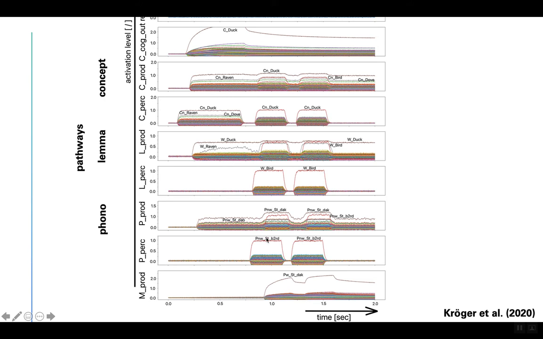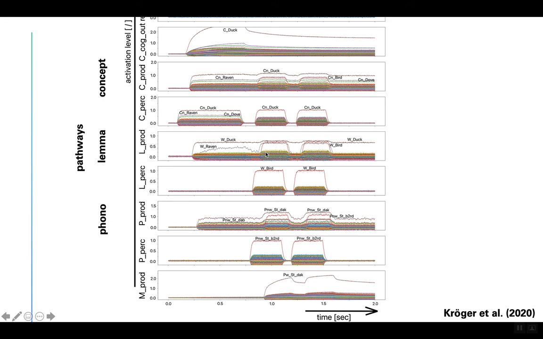What helps are the semantic cues, where the word bird is activated, and on the perception level we get a co-activation or stronger activation of the word duck, which is semantically similar to the word bird.